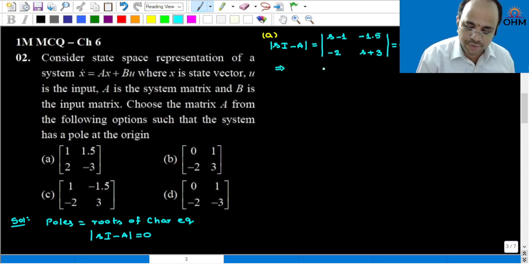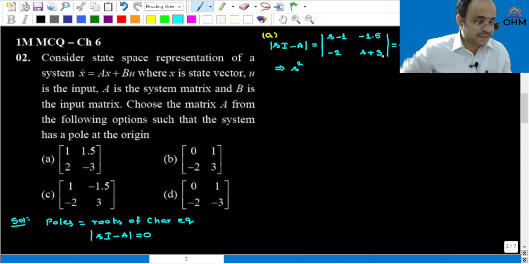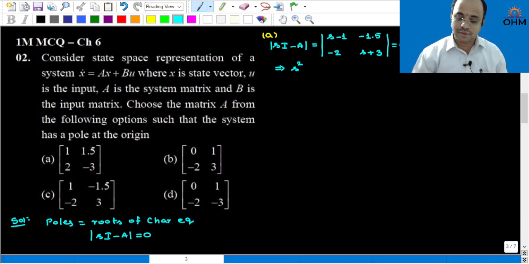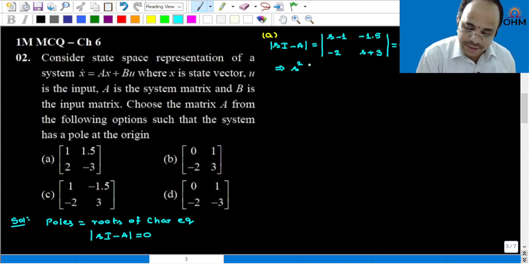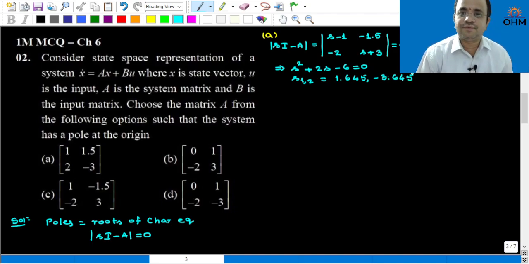Therefore, it will give you s square plus 2s minus 3 minus 3, so it will give you minus 6 is equal to 0. The roots of this characteristic equation are 1.645 and minus 3.645. So, in these roots, there is no pole at the origin.